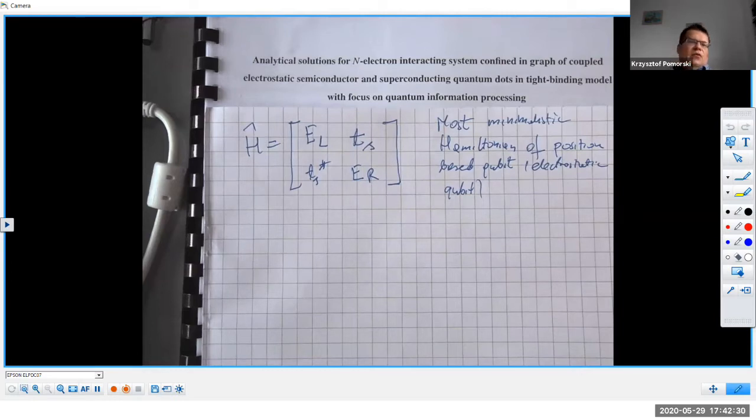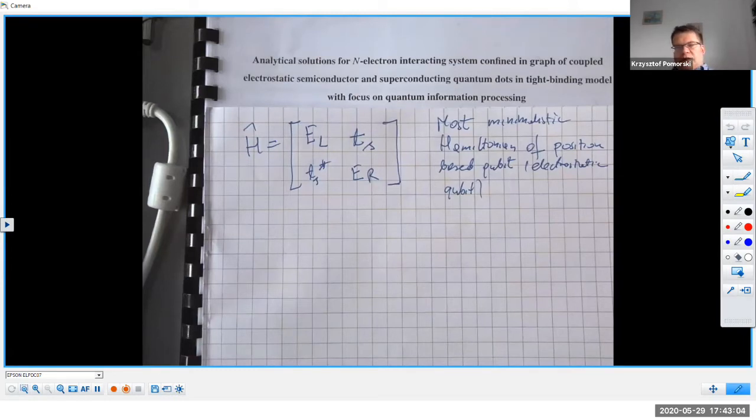In coupled semiconductor qubits, one deals with algebraic equations if one uses the tight-binding model, and one deals with the Schrödinger equation with integro-differential equations if one is inspecting the properties of coupled quantum dots.